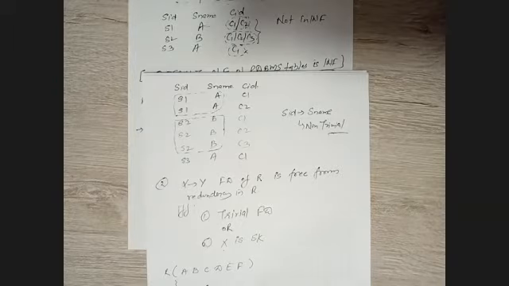We have understood how to identify trivial and non-trivial. The determinant is the left-hand side part. If you find that the determinant is not a super key, then all these functional dependencies form a redundancy.